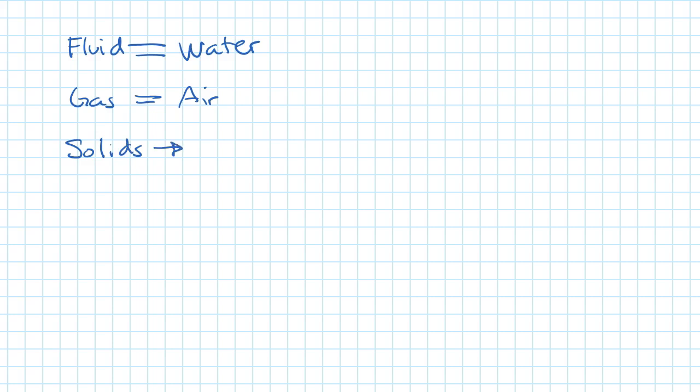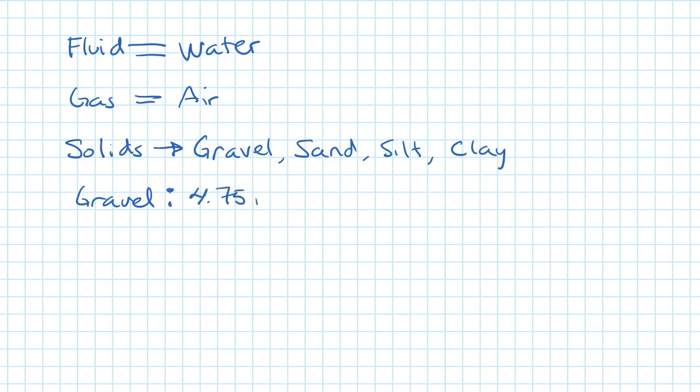Those soil grains are composed of gravels, sands, silt, and clay particles. We can define gravels based on the size of the particle, and so those range in size from 4.75 millimeters to about 76 millimeters.